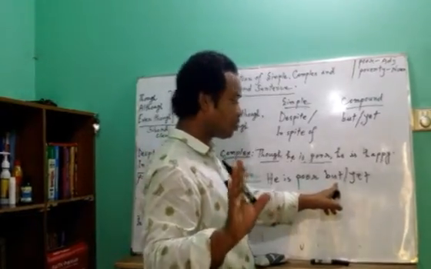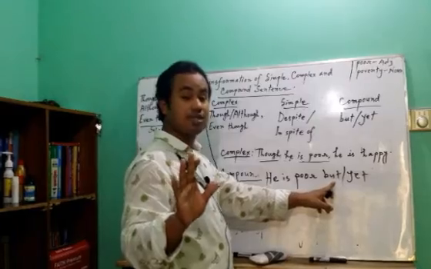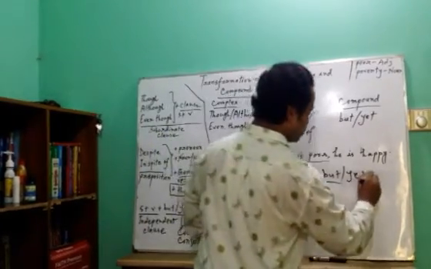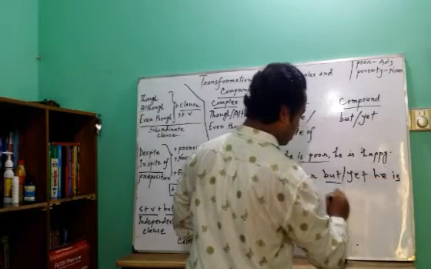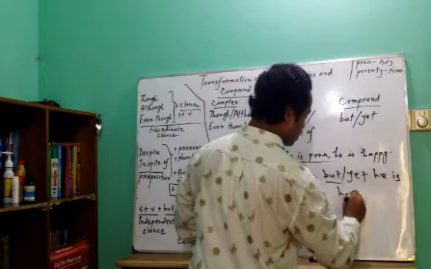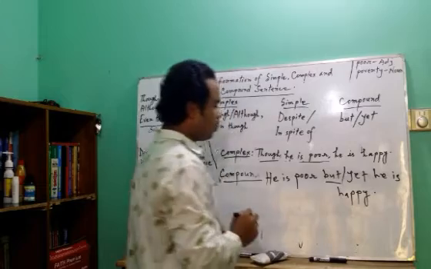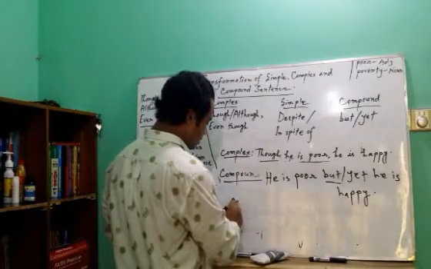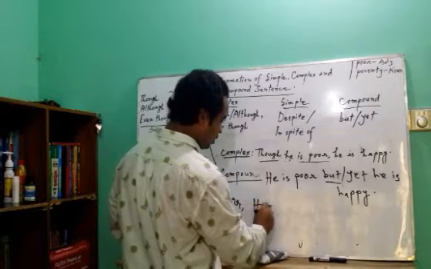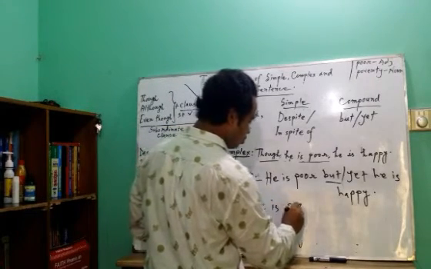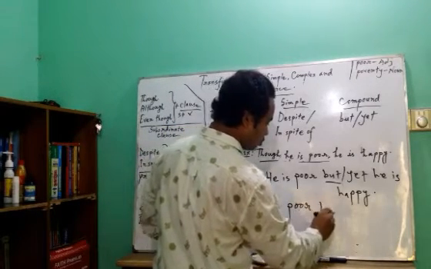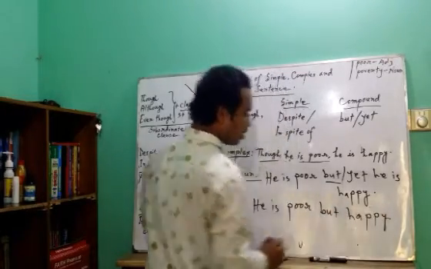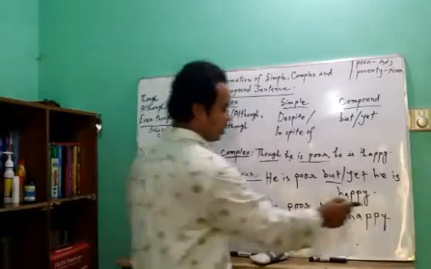Most often we use the coordinating conjunction but. He is poor, but he is happy. Or you can write he is poor but happy.